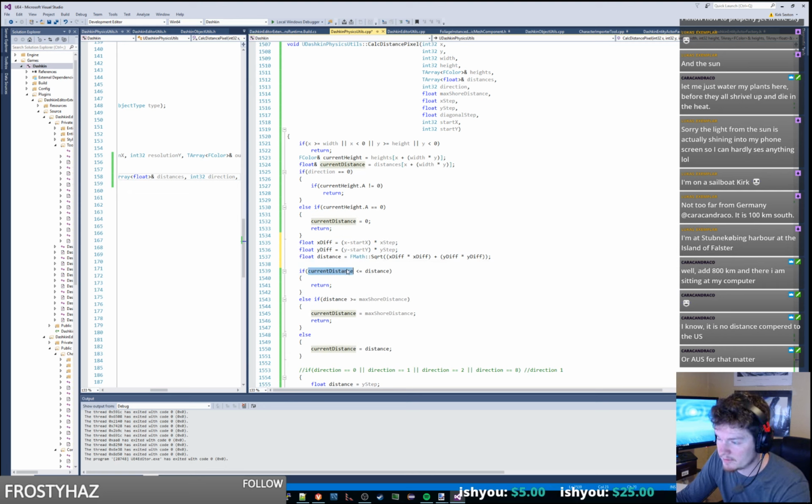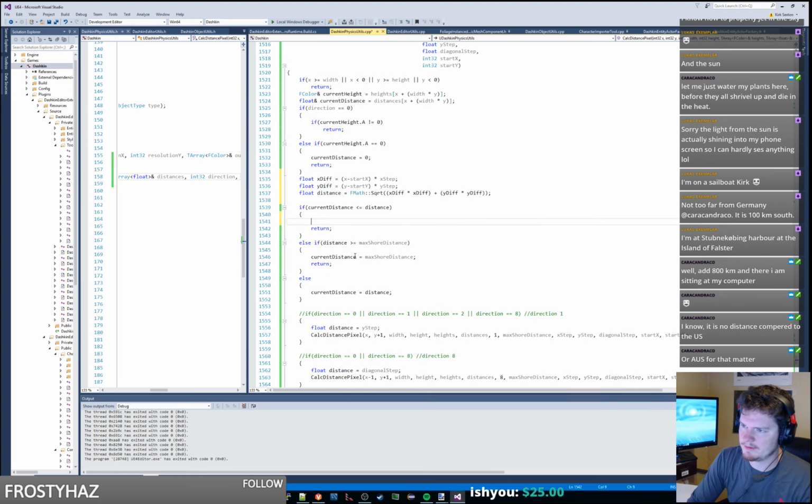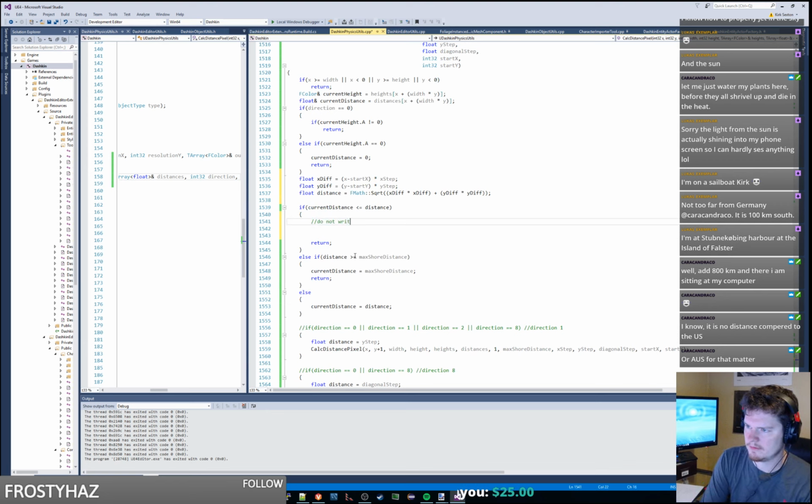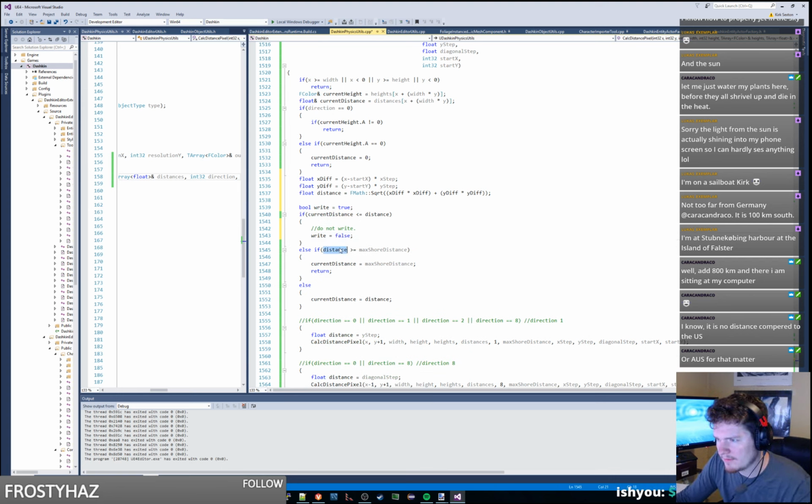Alright, so if the current written distance is less than the distance here, then don't write. If the distance is greater than the max shore distance, then current distance equals max shore distance. Why would we return?